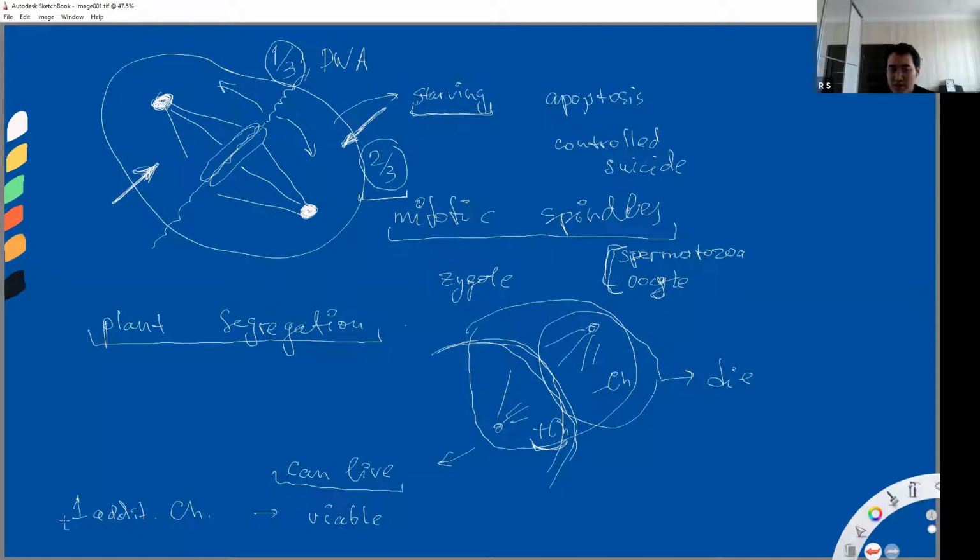And since it is viable, we keep this mutation, and the development just continues.